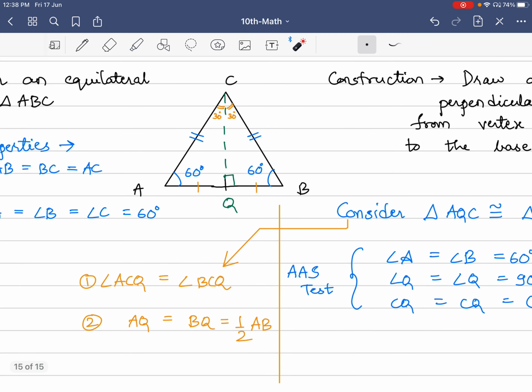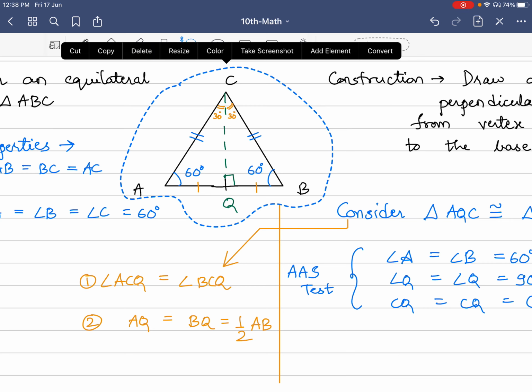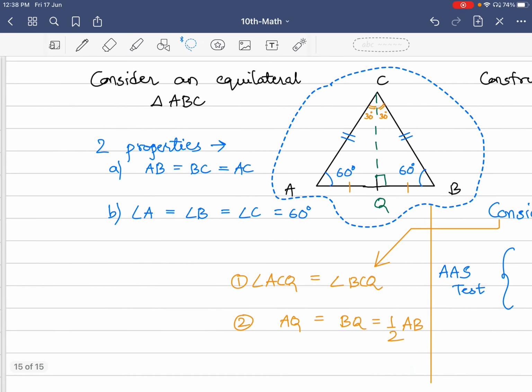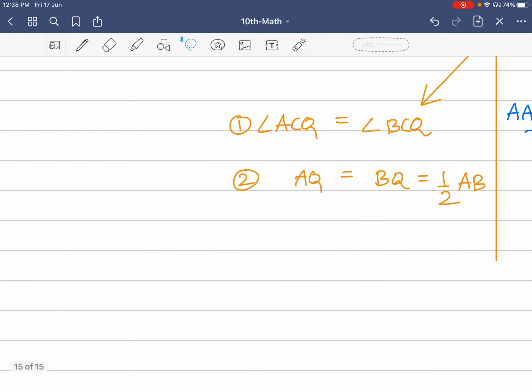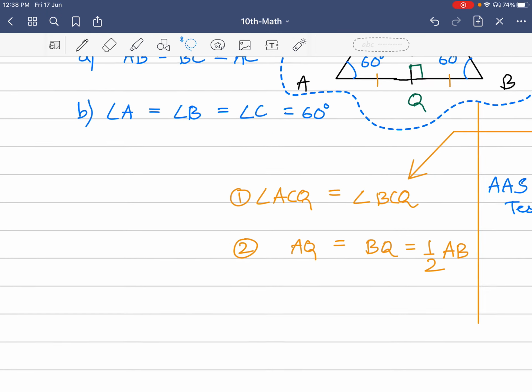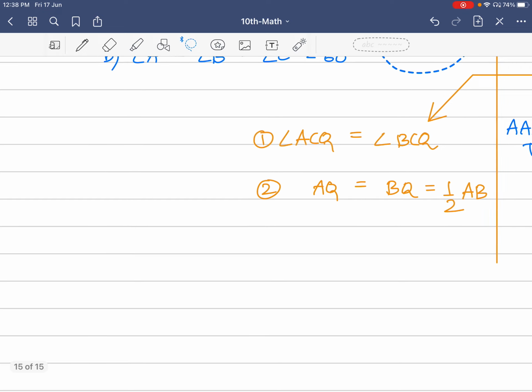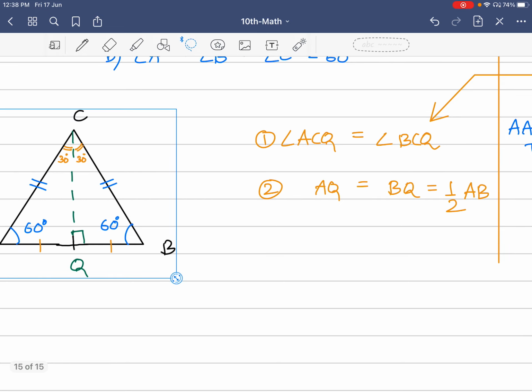Now what I'm going to do is take this triangle out, copy it, and bring it here for our further discussions. Paste.